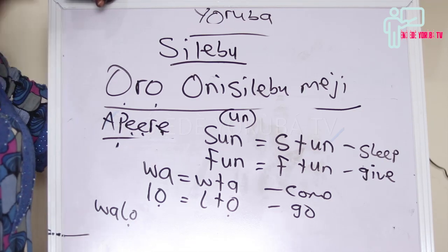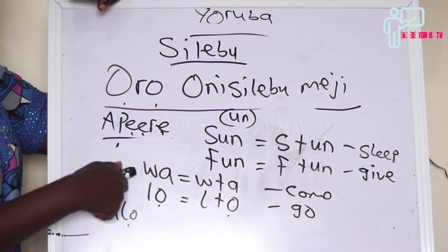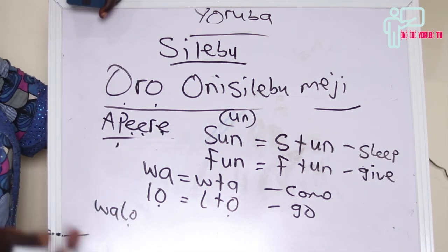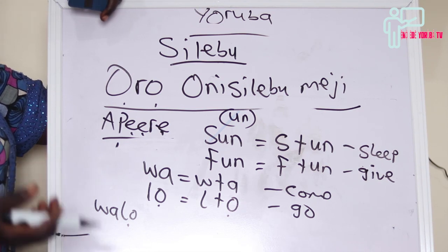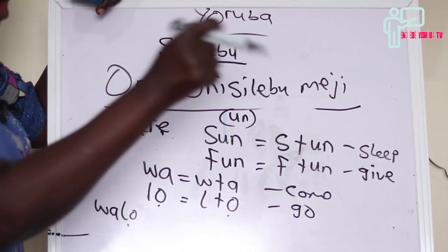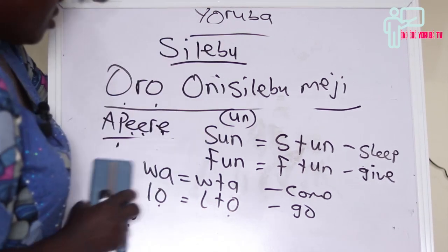But in Yoruba, wa, that is why I wrote it. Wa, lọ, tọ, urinate. Lọ, gbà, give, come, wá, go, lọ.